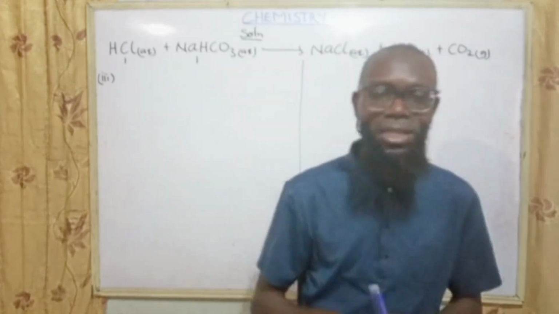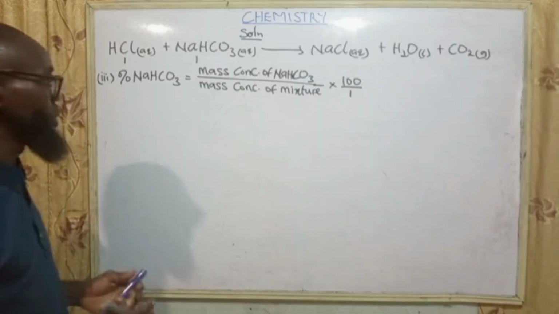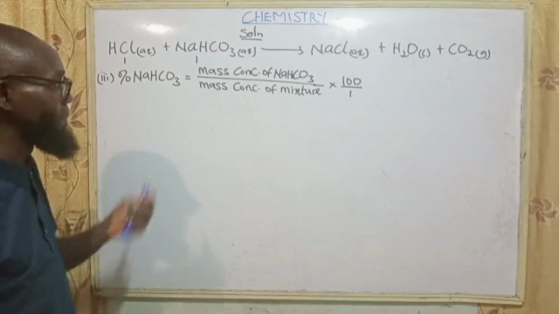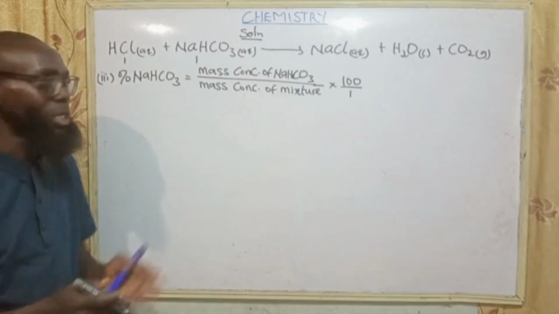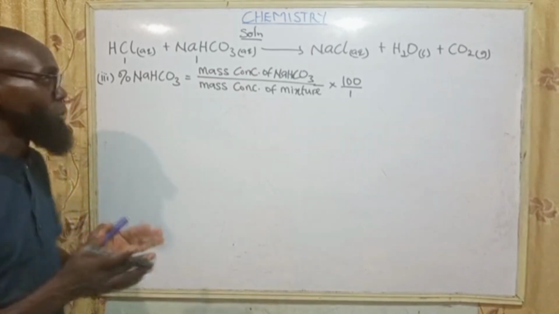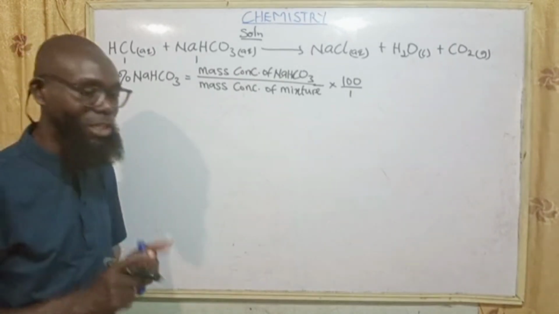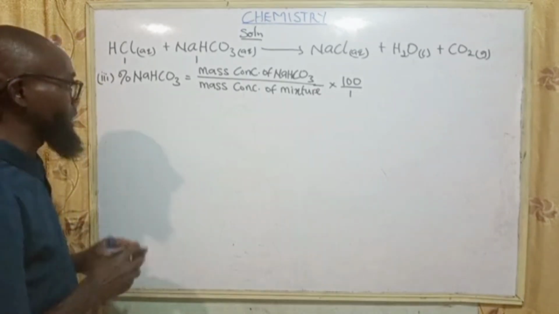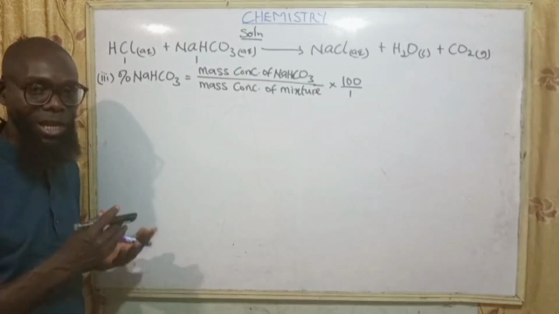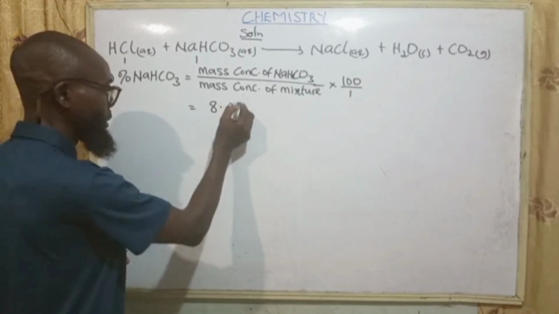So let us now find the percentage by mass. Percentage by mass of sodium hydrogen carbonate is equal to mass concentration of sodium hydrogen carbonate over mass concentration of mixture times 100. Don't forget the mass concentration is measured in gram per dm cube. Now, the mass concentration of sodium hydrogen carbonate is what we have gotten recently in Roman figure 2, which is equal to 8.27.